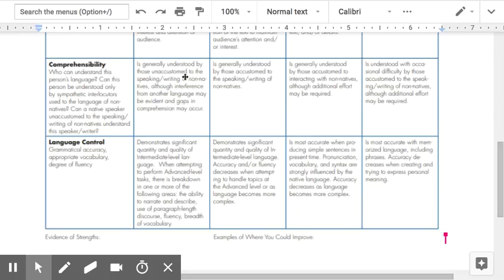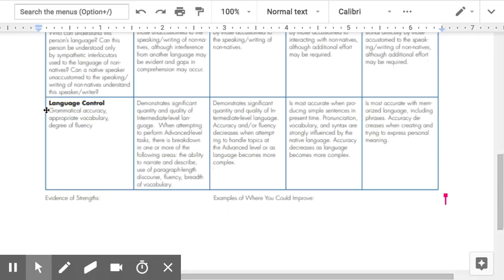And here we have that important word of unaccustomed to the speaking, writing of non-natives. So this is someone who is not accustomed to the speaking, writing of non-natives. So imagine someone who is not your Spanish teacher. Would they understand what you're saying?